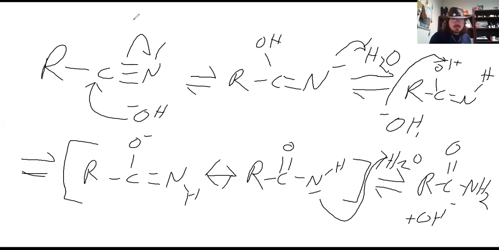Okay. So that's where we're going to stop for today. We did a lot of different reactions, but they're all super interrelated. So they're all, how do we exchange these guys to here and back? How do we get from the most reactive all the way down to the least reactive? And they're all following a very, very similar mechanism.